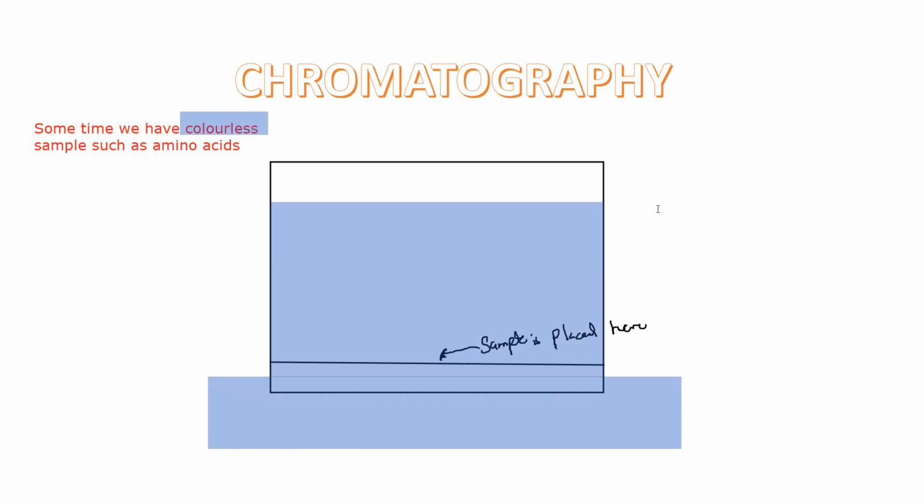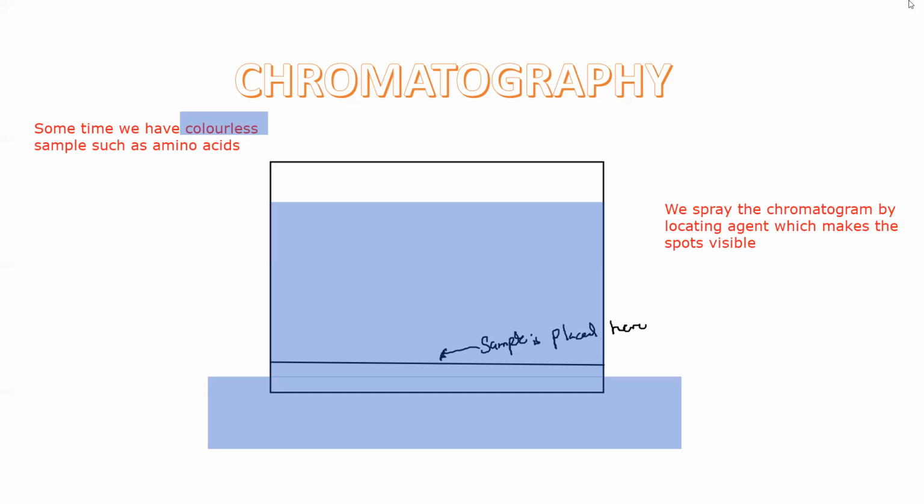For that purpose, for a colorless sample, what we do is we spray the chromatogram with a locating agent, which makes the spots visible. When we spray this chromatogram with a locating agent, it's a chemical.